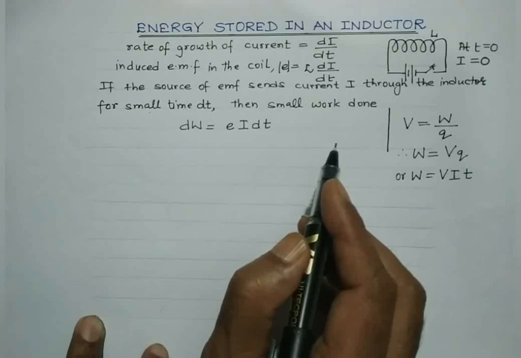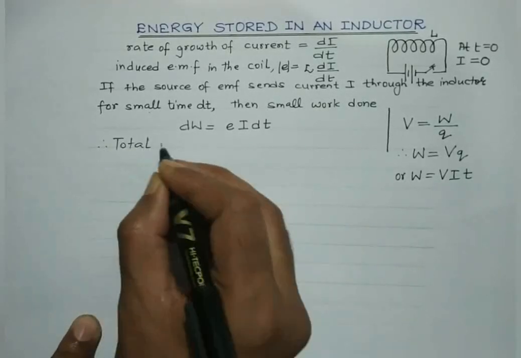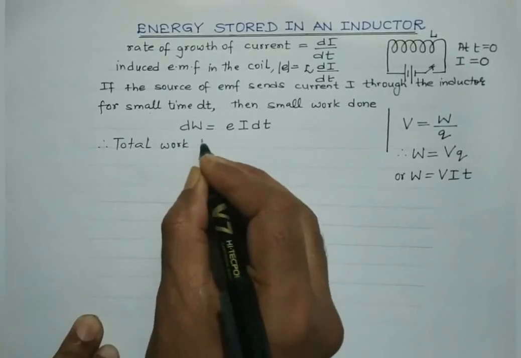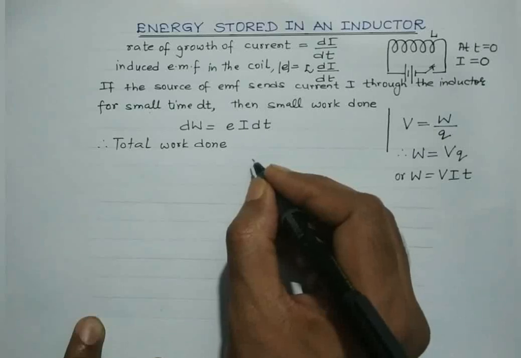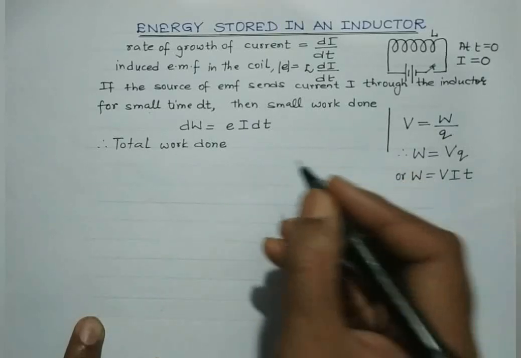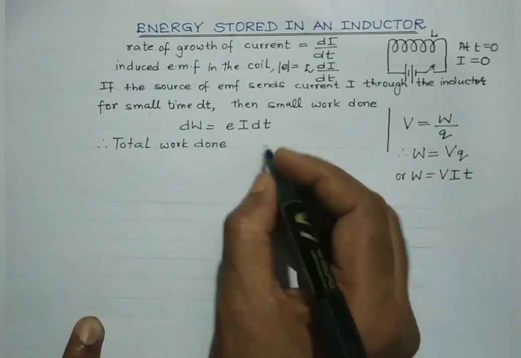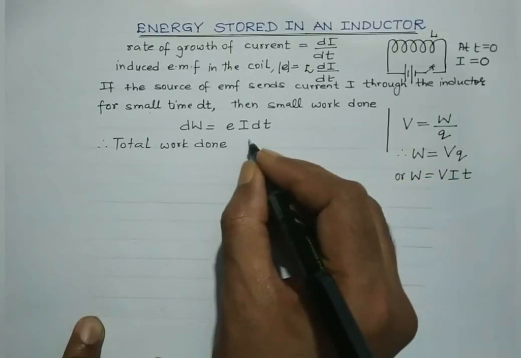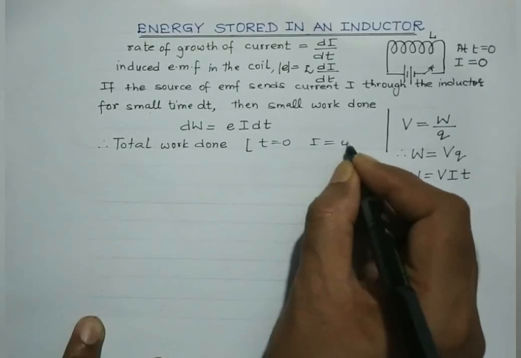Clear, students? Therefore, total amount of work done by the source of EMF, till the current increases from its initial value I equals to 0 to final value I. Total work done: initially at t equals to 0, current is 0.